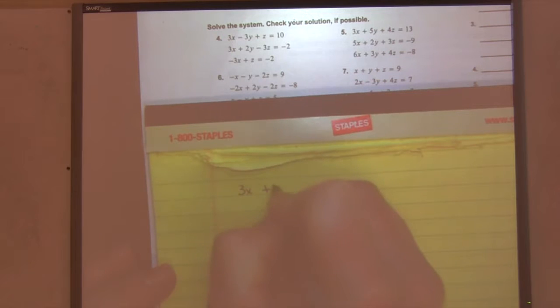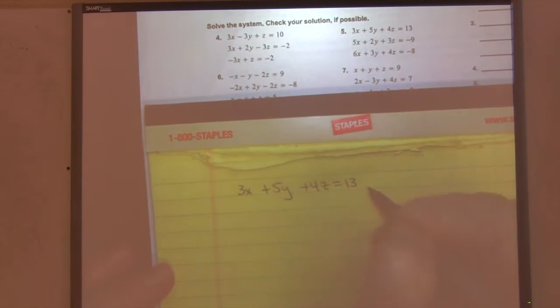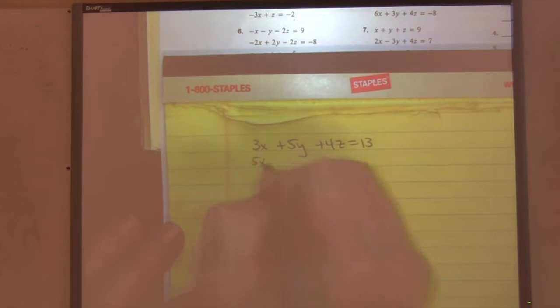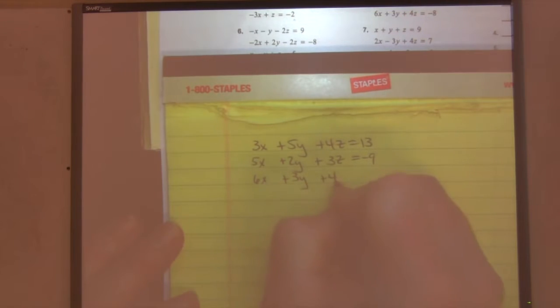3x plus 5y plus 4z equals 13. 5x plus 2y plus 3z equals negative 9. And 6x plus 3y plus 4z equals negative 8.